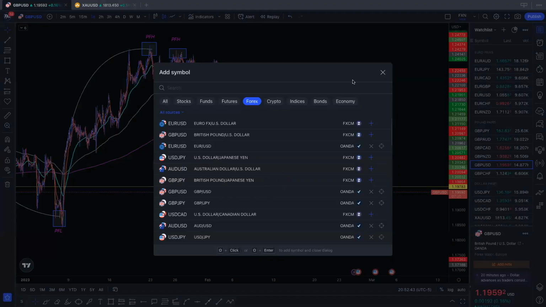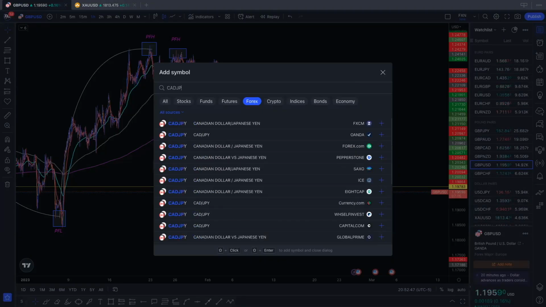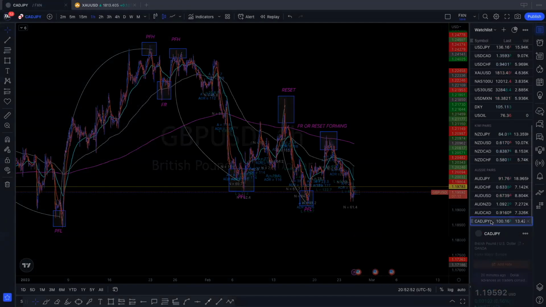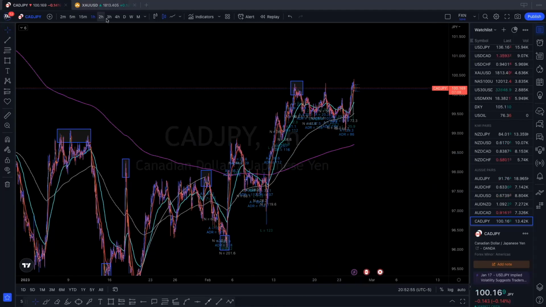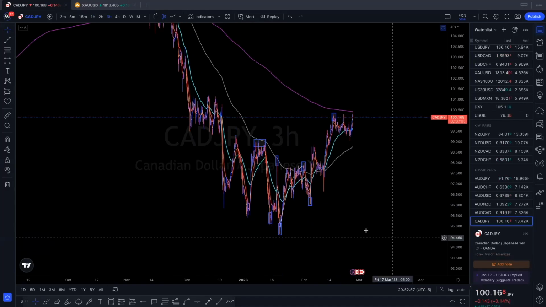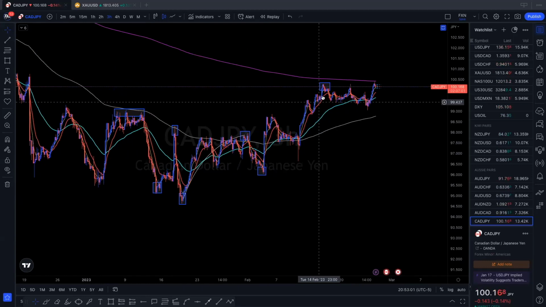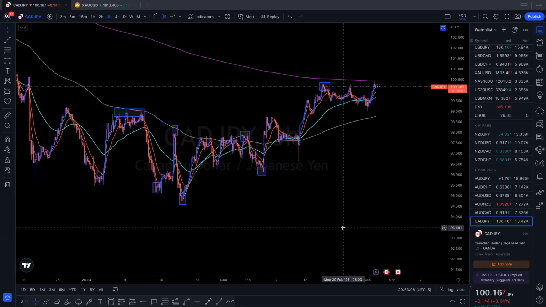So let's say a chart like, I don't know, CAD JPY or something. If you can map out CAD JPY, you can map out any chart. But if you practice mapping this out, you'll get better at it, obviously.